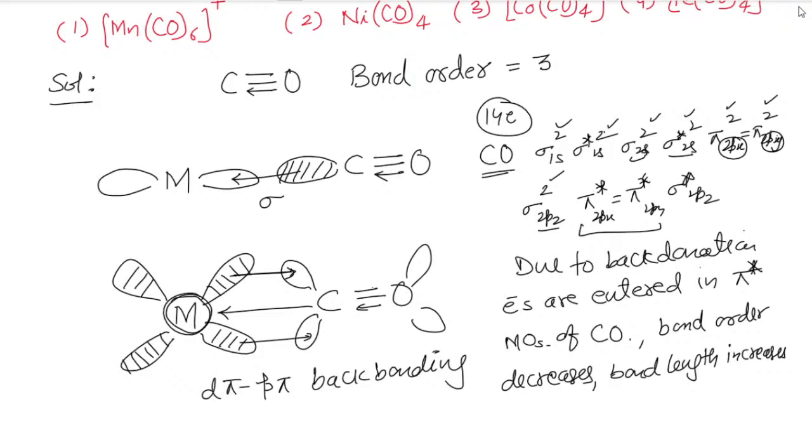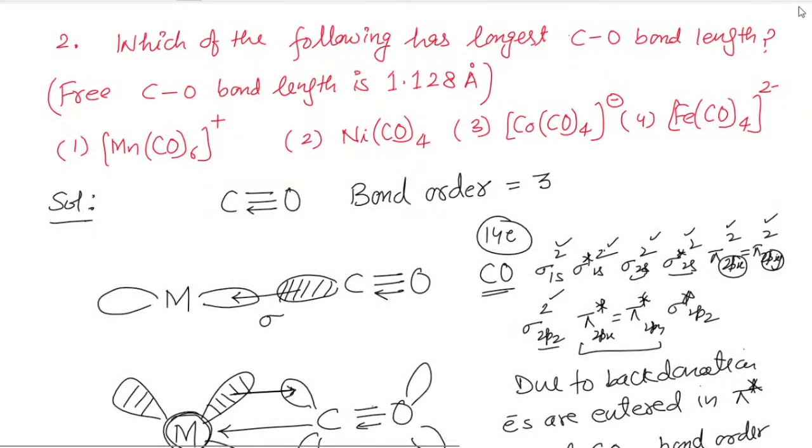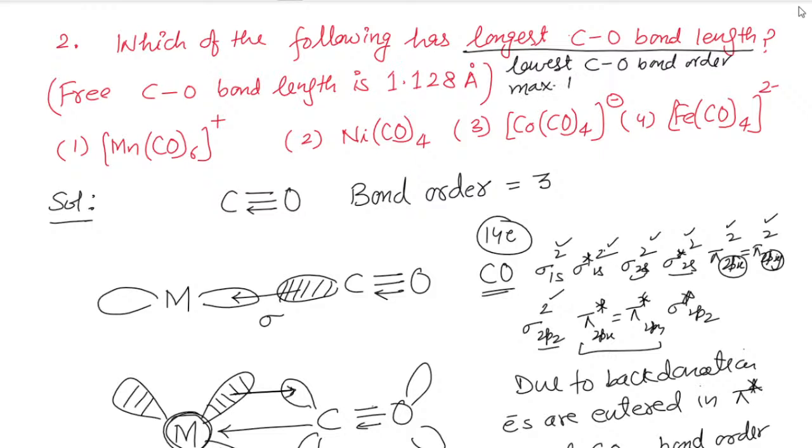Bond length increases. Very good, Tirth Patel. So we should look at the question and see which of the following is longest. That means bond length is longest where bond order is lowest, lowest CO bond order. And bond order is lowest where maximum back donation is there.